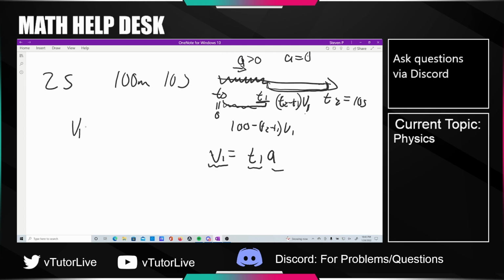So v1 squared is equal to v naught squared, which is just 0, plus 2a delta x, where delta x is equal to this value over here, the 100 minus this thing. This is tough. Or maybe I'm just being dumb. Because we don't know what v1 is. We don't know what a is. And we also don't know what t1 is.